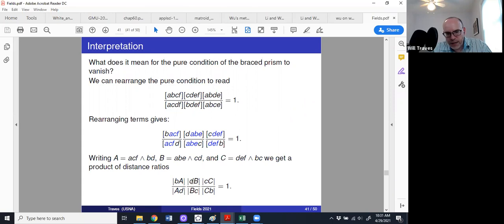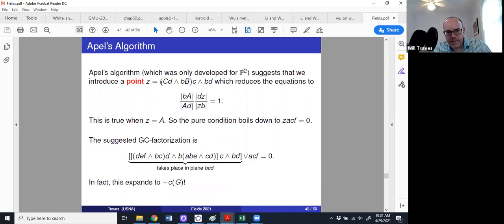We're going to take this portion that goes from D to C and from C to B. We're going to go from D to B directly, passing through a new point, Z. And the magic is to express what that new point is. And so I've written down the Cayley expression for that new point. And then you get this product of distance ratios, which is supposed to be equal to 1.